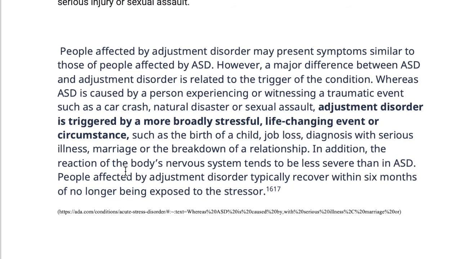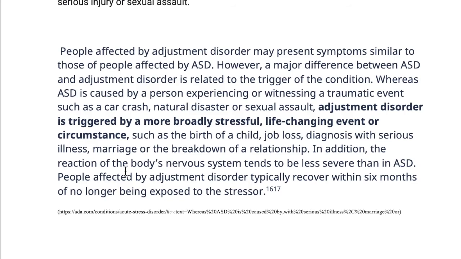People affected by adjustment disorder may present symptoms similar to those of people affected by acute stress disorder. However, a major difference between ASD and adjustment disorder is related to the trigger of the condition. Whereas ASD is caused by a person experiencing or witnessing a traumatic event such as a car crash, natural disaster, or sexual assault, adjustment disorder is triggered by a more broadly stressful life-changing event or circumstance, such as the birth of a child, job loss, diagnosis with serious illness, marriage, or the breakdown of a relationship.